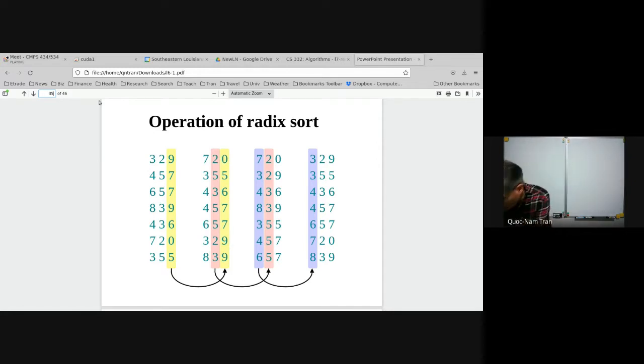All right, so we have the list of numbers we want to sort.